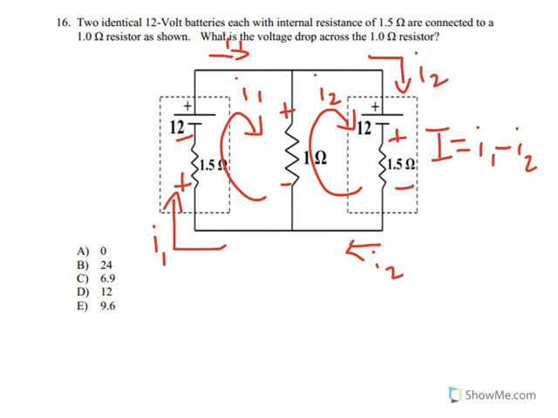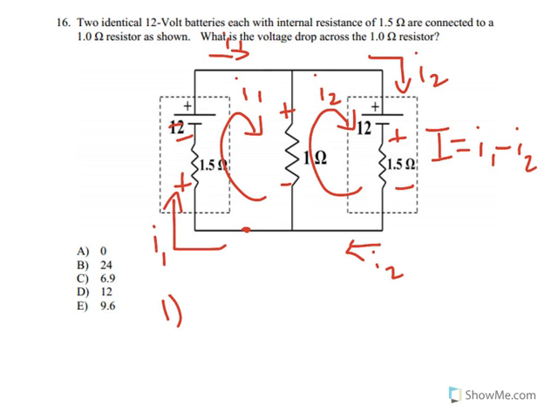So let's do the first loop, for the loop I1. We can start, let's say, at the very bottom right here. If we go clockwise, then we would hit our 1.5 ohm resistor first. So we'd be going into a positive.